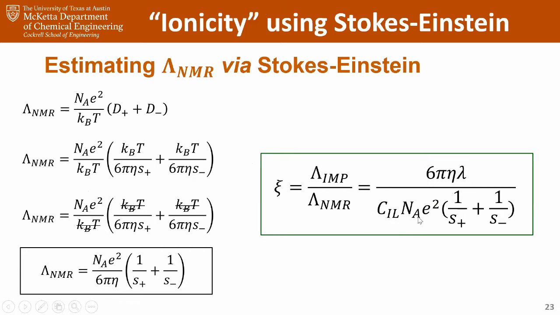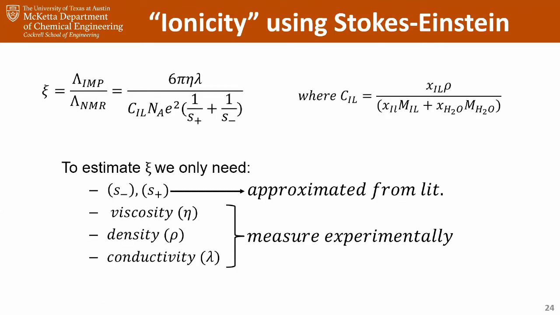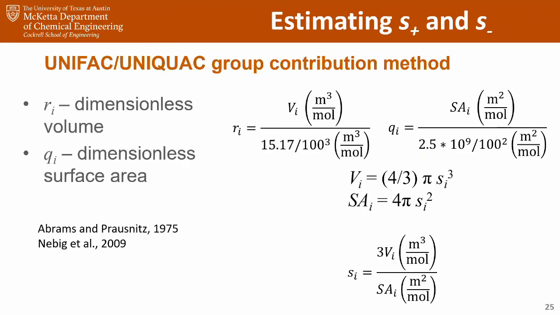And then, as I said, these estimates of the size of the cation and the anion. So to emphasize, the experimentally measured things that we need are simply viscosity, density, and ionic conductivity, all of which are relatively easy and quick to measure.